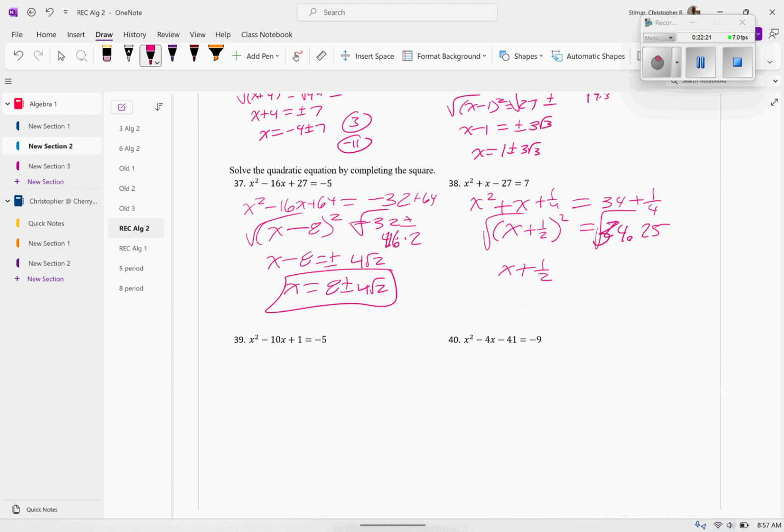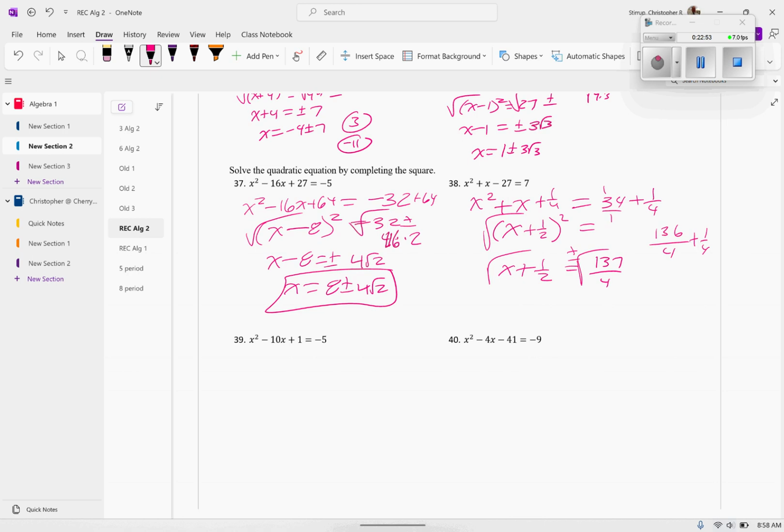Actually, let's not make that 34.25. Let's do our quick way of adding fractions. So I can get a common denominator, or I can go 4 times 34. That's going to give me 16 carry the 1, 136 over 4. Add 1/4 to that. So I'm going to get 136 plus 1, so 137, so equals 137 over 4.